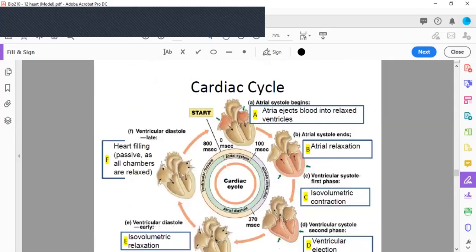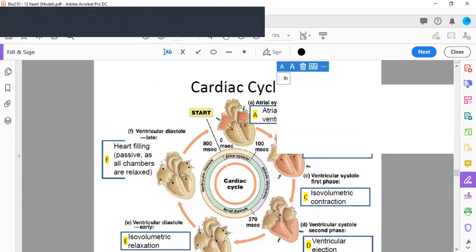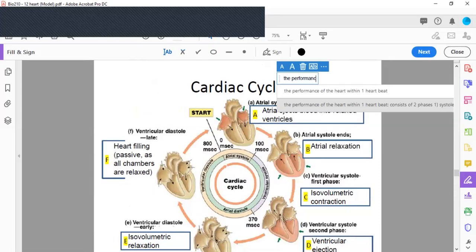Let's move into the cardiac cycle. If you recall what I said, what exactly is the cardiac cycle? The cardiac cycle represents the performance of the heart within one heartbeat.